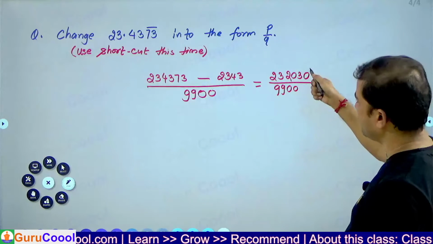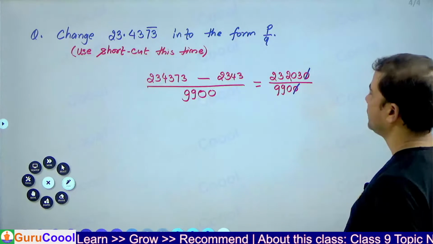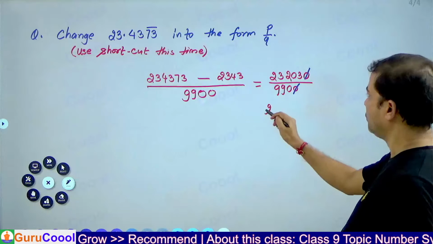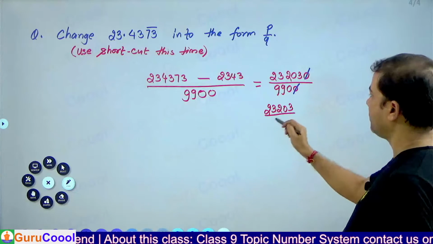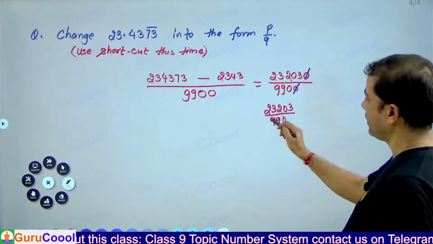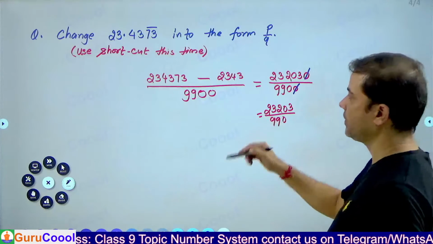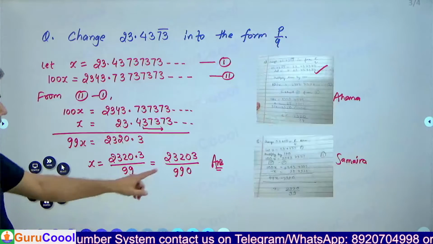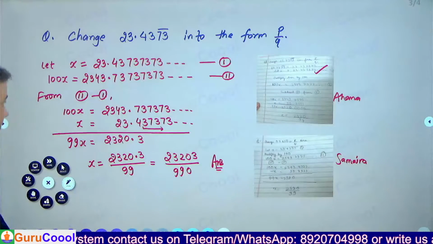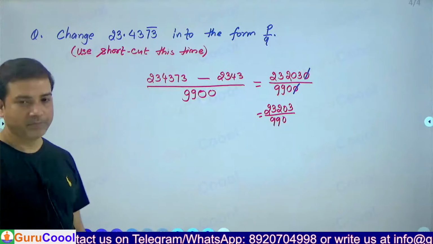Can we cancel out 1 zero? Yes. So 23203 divided by 990. Is that the same answer we got previously? Yes, that's the same answer. And that's the shortcut.